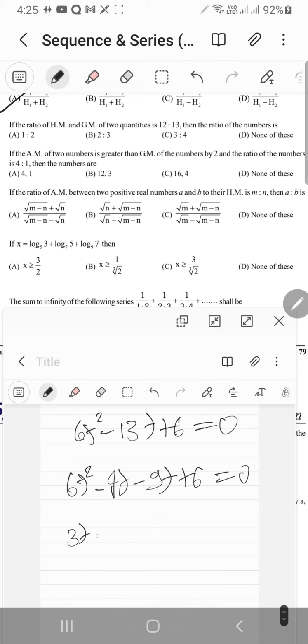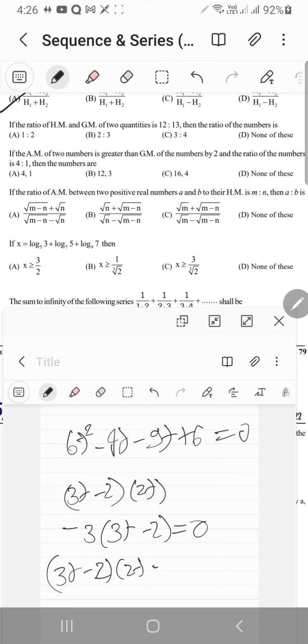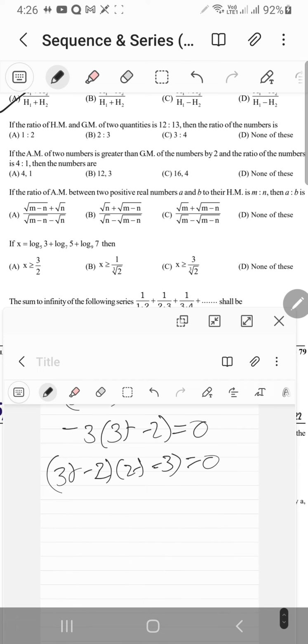So (3t minus 2) times (2t minus 3) equals 0. So your t is either 2 by 3 or 3 by 2. That means your square root of k is 2 by 3 or 3 by 2. So k should be 4 by 9 or 9 by 4.